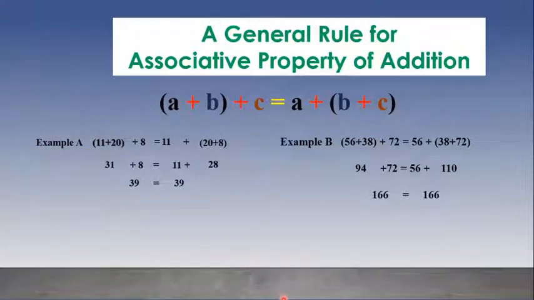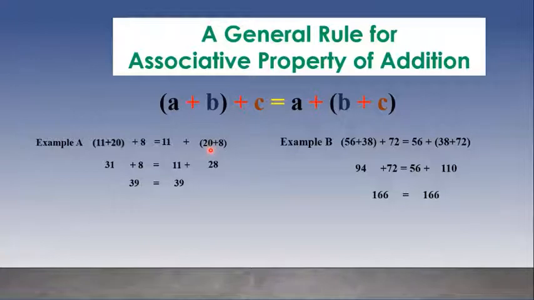In A, we have parentheses 11 plus 20 plus 8 equals 11 plus parentheses 20 plus 8. If you notice, boys and girls, we have different groupings. Over here, 11 and 20 are inside the parentheses, and over here we have 20 plus 8.